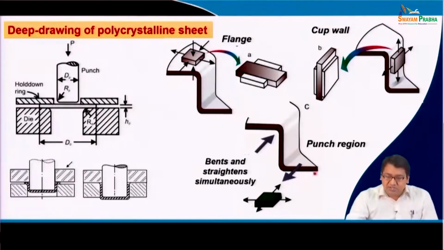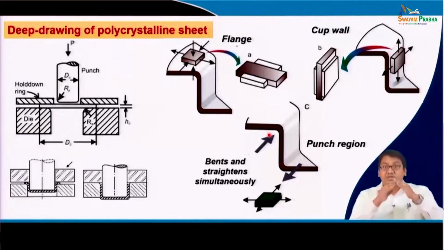Now, the other region, that is the punch region, is again a non-critical region, and the most critical regions in the deep drawing process are the cup wall and the flange region, and I will show you how. Now, before going to that, there are two more regions which are very critical, where the bending and the straightening takes place. In these two regions, the material, while it is being deep drawn, is bent and then straightened.